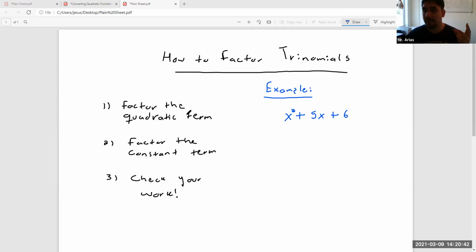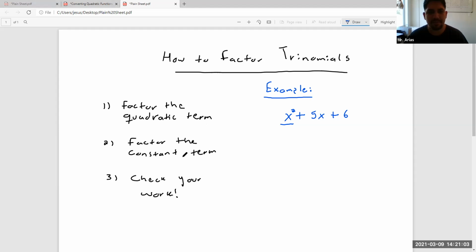So basically, we have three steps, and we're going to be using this technique that we have used in the past in my class, which is the box or the area method as well. So step one is basically to concentrate on factoring the quadratic term of your expression, which in this case is this x to the power of 2, right? That's going to be step one.